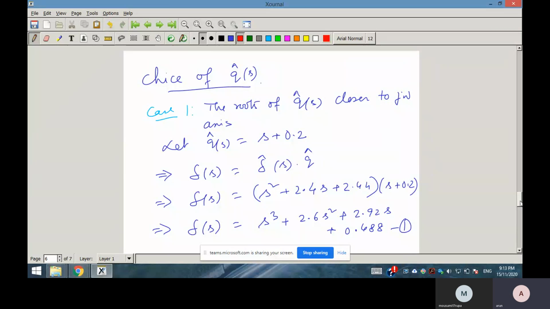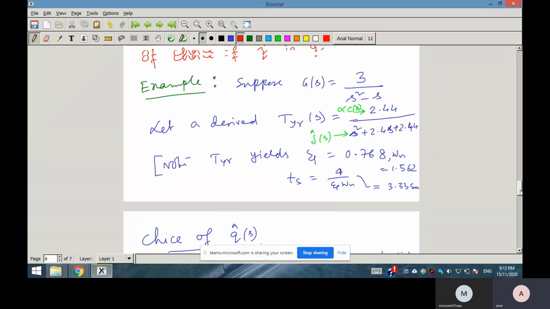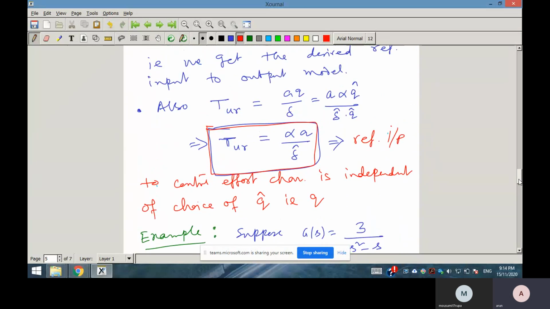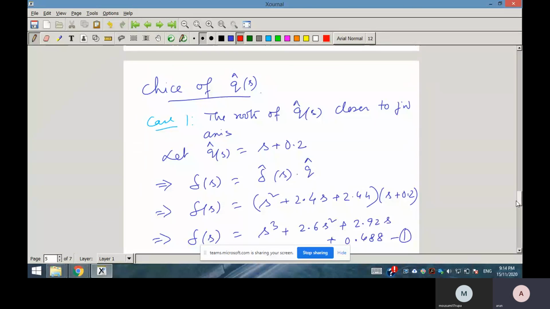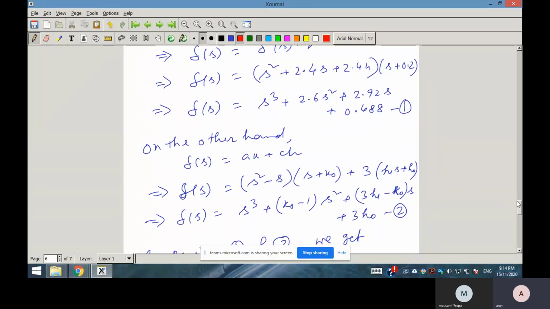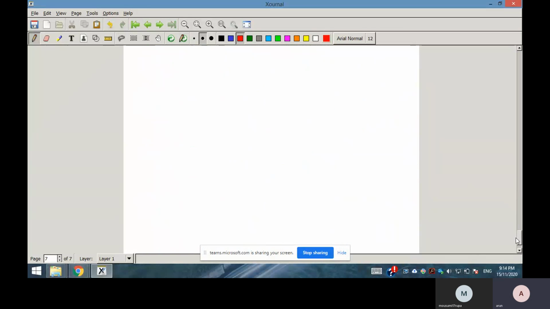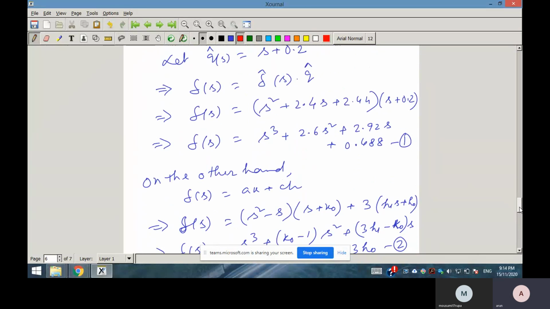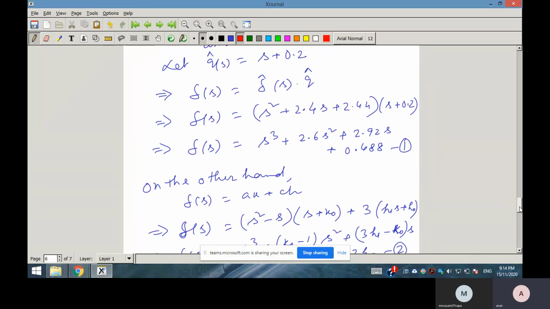I know that TY to R response will remain unchanged and U to R response will remain unchanged, as we have derived. But what will be the impact on loop transfer function characteristics of your Q hat? Because ultimately if you change Q hat, then your delta will change. So desired pole location will change.